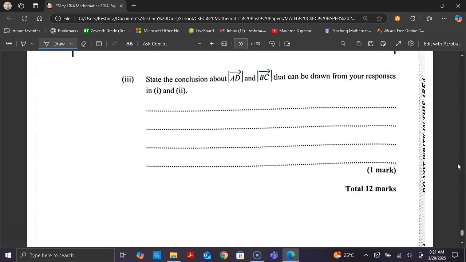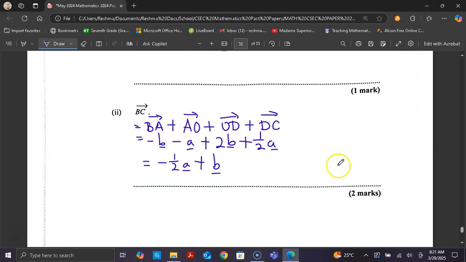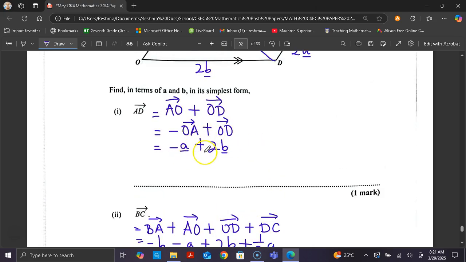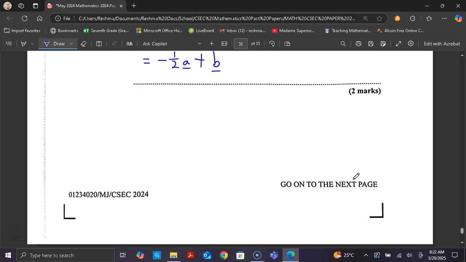So the last part: state the conclusion about AD and BC that can be drawn from your responses in 1 and 2, for 1 mark. Okay, so BC is negative a half A plus B and AD is negative A plus 2B. Now if we compare the coefficients, we realize that AD is 2 times BC, because if I multiply BC times 2, let's do that here.